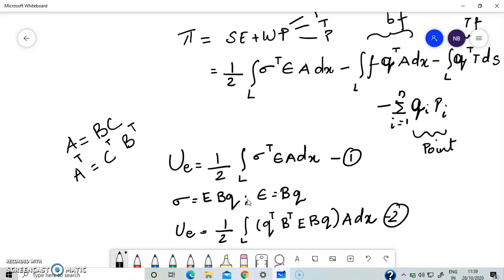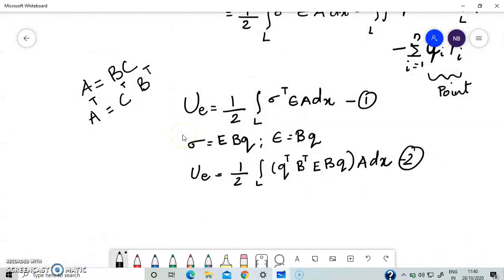This I will call equation 2. Now getting the q transpose term out of the integral sign, we have B transpose. I'm just rearranging the terms.